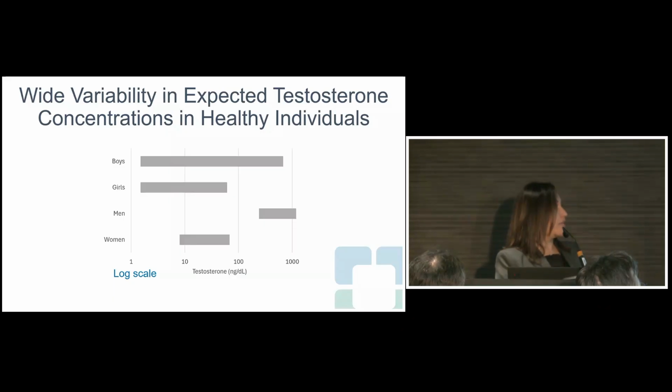Taking all these together, there's a large difference in the concentrations of testosterone in both children and men, the corresponding adult cisgender for boys, or for girls and women. And if you notice, this is a log scale, so the concentrations between women and men, adults, it's several log differences.